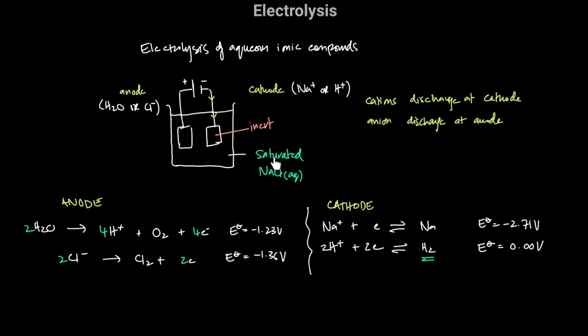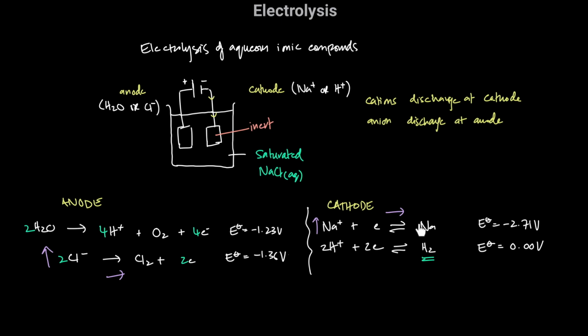But when we have a highly concentrated solution, we've significantly increased the concentration of sodium ions and chloride ions, which means this equilibrium is shifting more towards the chlorine, and this is shifting more towards the sodium.